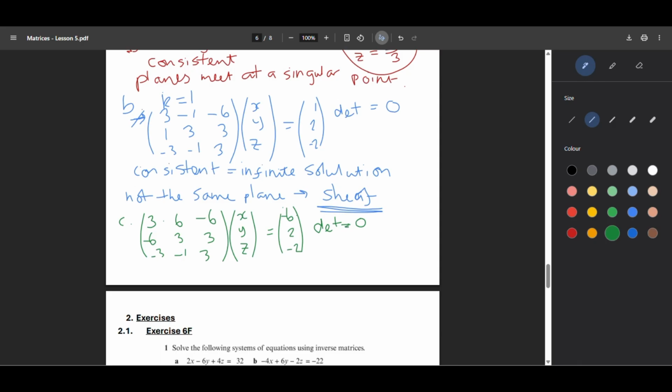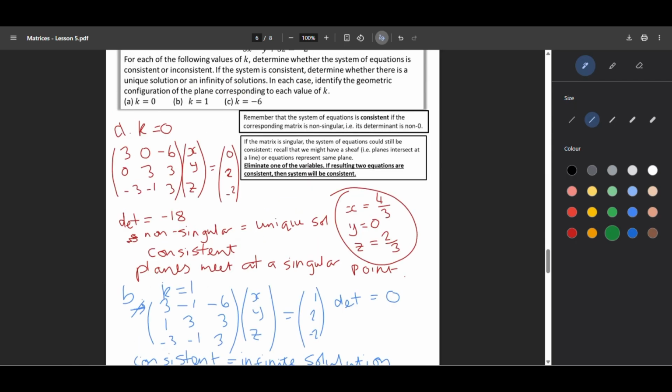So let's put that in our solver tool to work out how many solutions it's got. For that one, I get that there are no solutions, which therefore means that they are inconsistent. There are no solutions to those equations, meaning they are inconsistent with each other.